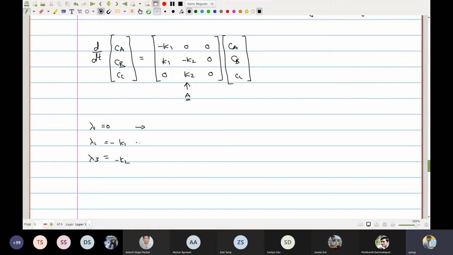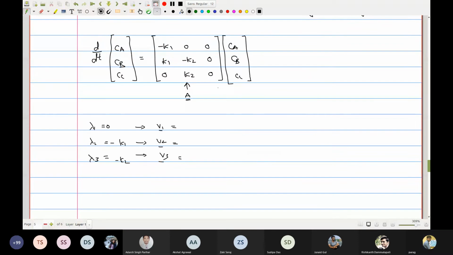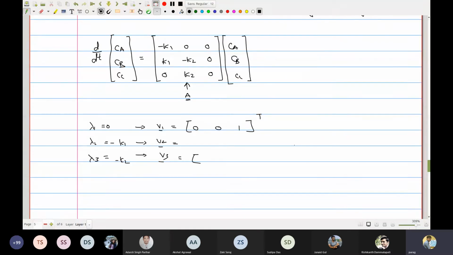Okay. And what are the corresponding eigenvectors? V1, V2, V3. V1 is (0, 0, 1) transpose. The final one was (0, minus 1, 1) transpose.